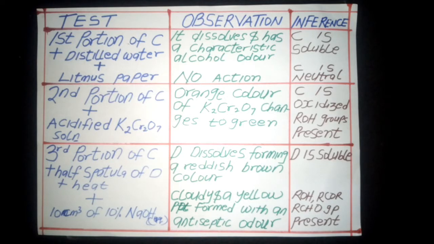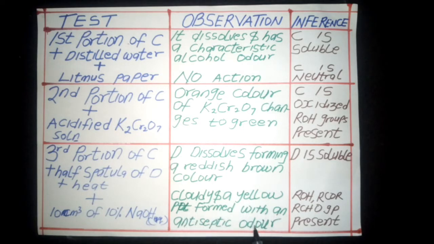All you have to do is just measure out a particular quantity. It might be 5, it depends. So the observation here, I said, cloudy and a yellow precipitate, PPT, formed with an antiseptic odor.